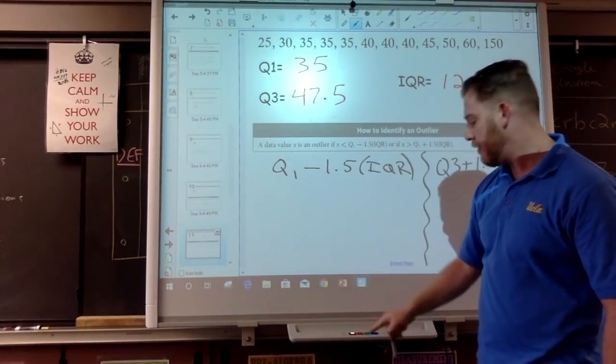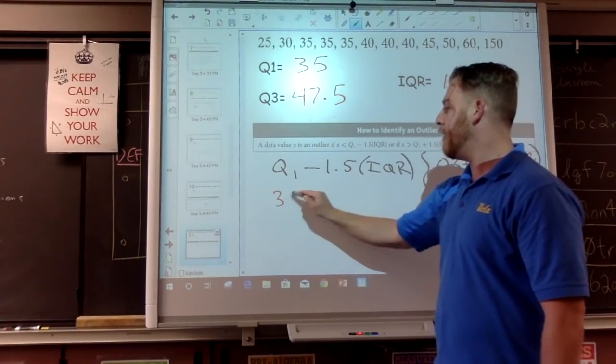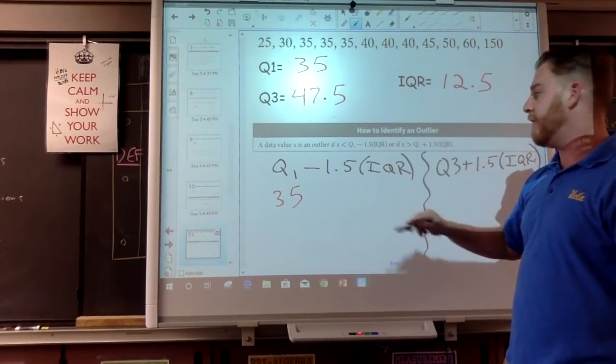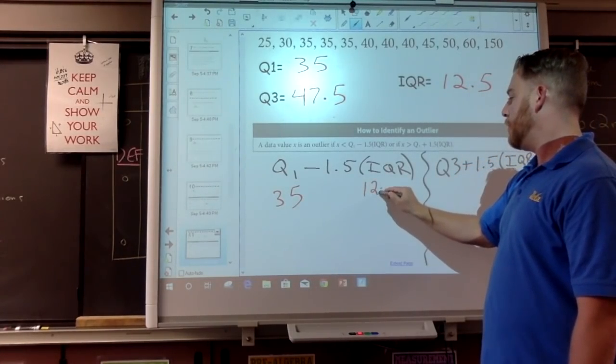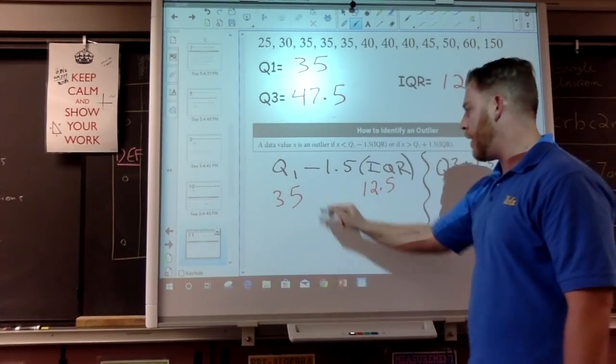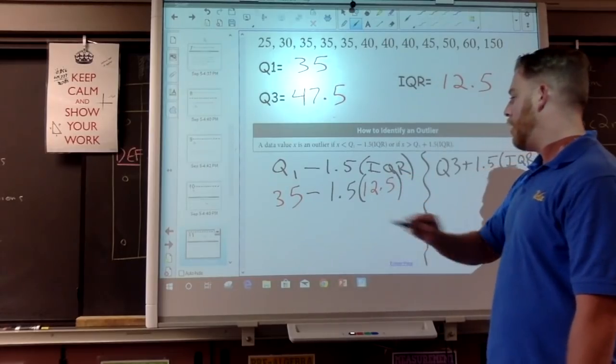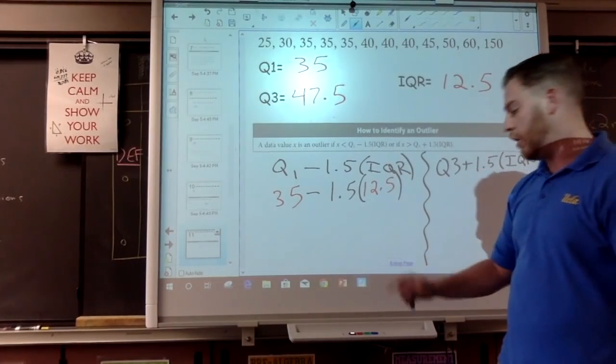Q1 is 35, so I'm going to plug in 35. My IQR is 12.5. Plug it in right there, and the rest will stay the same. We're going to work on down and calculate that.